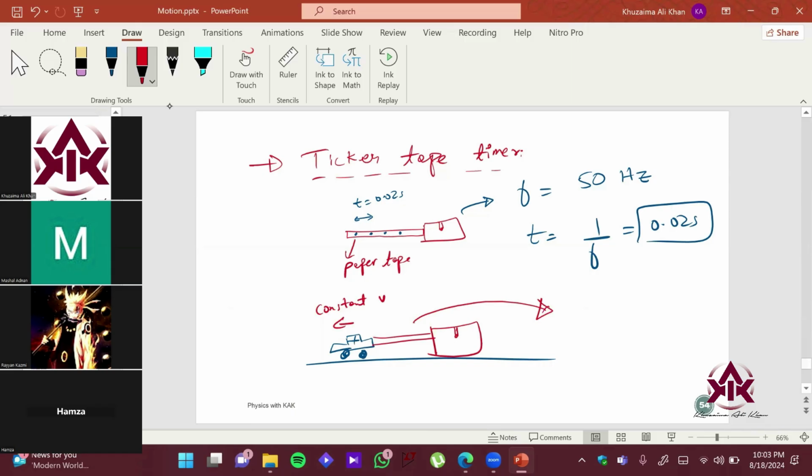Constant speed. So you will see this particular result on the tape. Let's say this is your tape. You will see the following result. It has equal dots marked. So the distance between the dots is going to be the same.